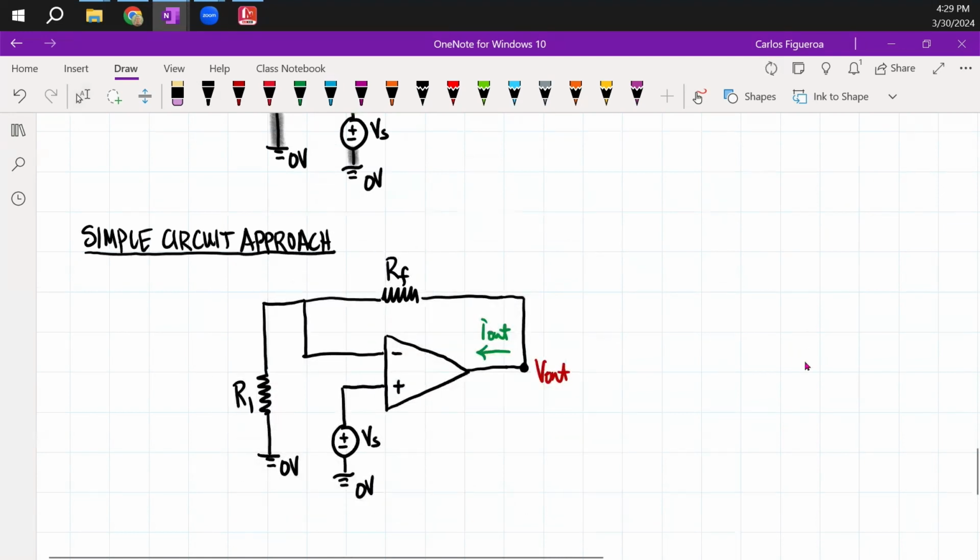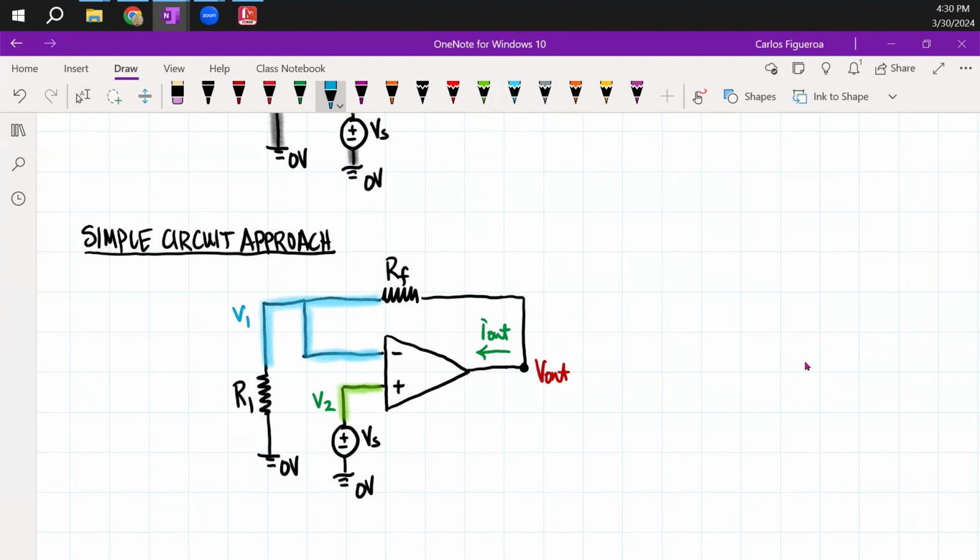What we've already done is that we've identified these nodes, and we identified this node. When I look at this, we did call this node V2, and we called this one V1.